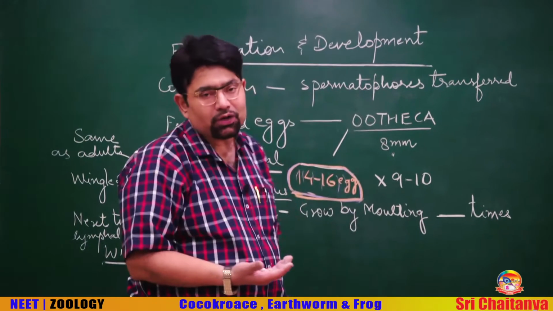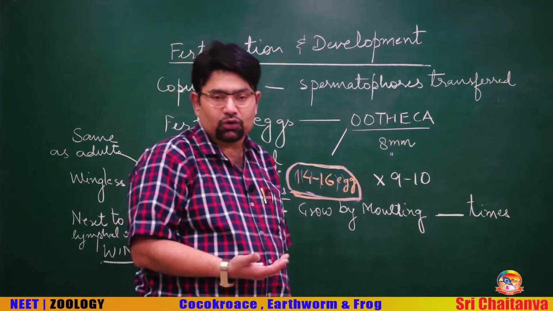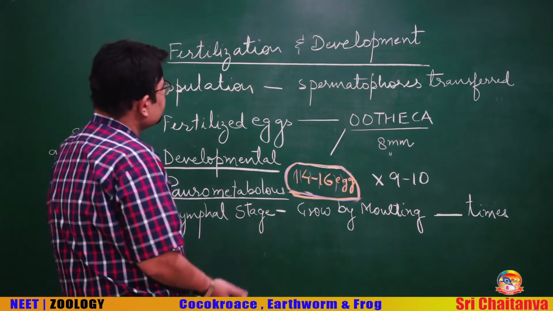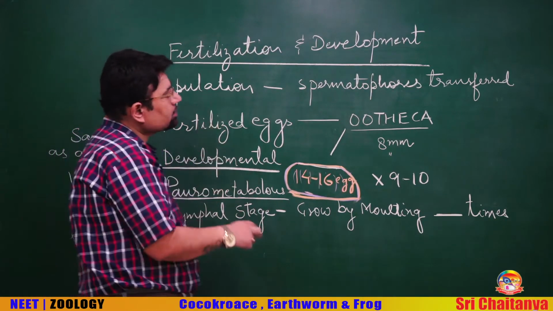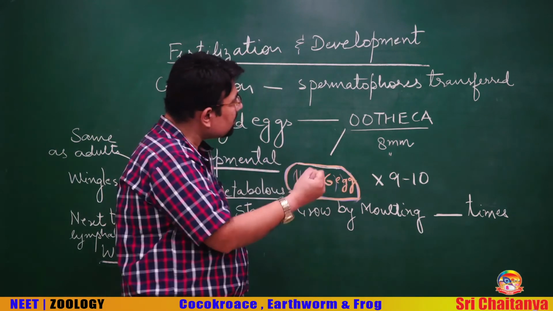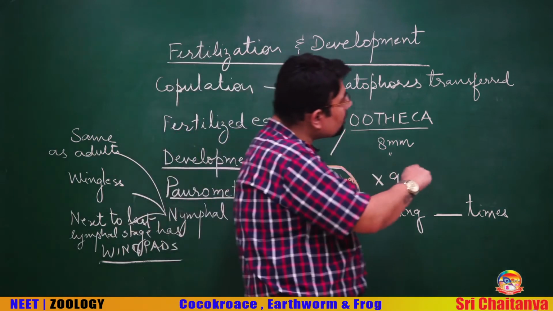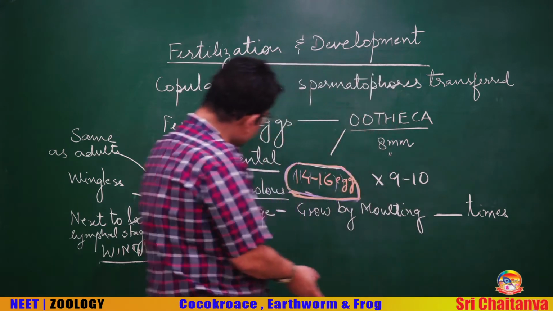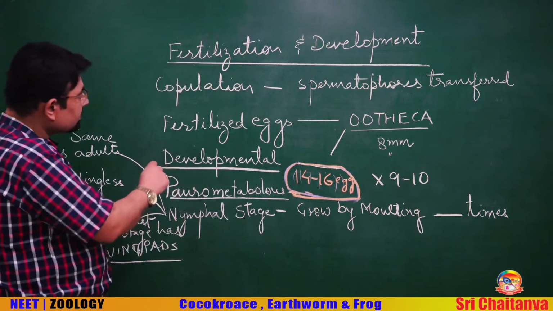Continuing with the reproductive system of the cockroach: fertilization and development. During copulation, spermatophores, bundles of sperms, are transferred from male to female. Now, in the female, they are stored in the spermathecae.